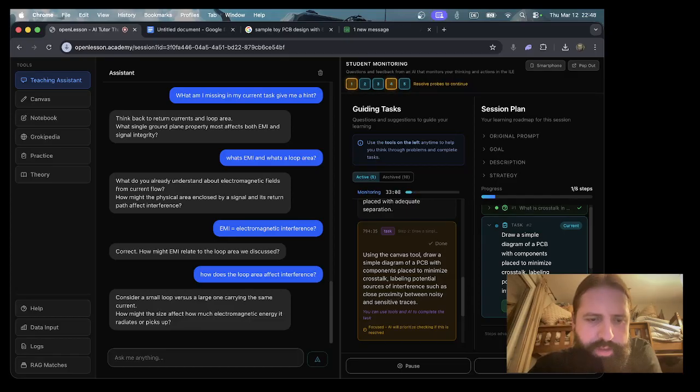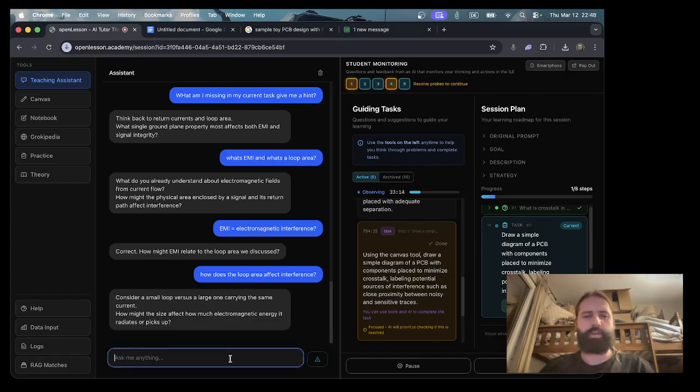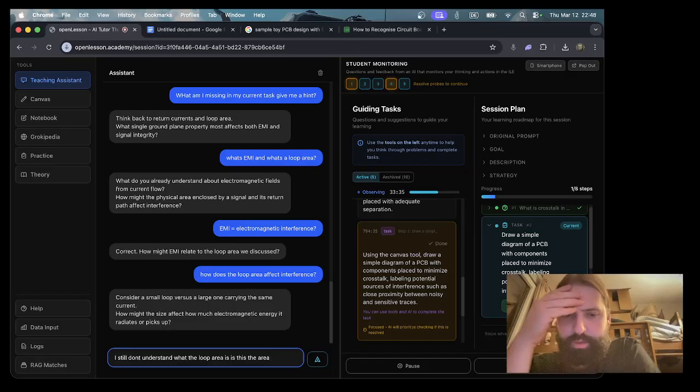It radiates or picks up more with a small loop versus a large one. Yeah, but I still don't understand what the loop area is.